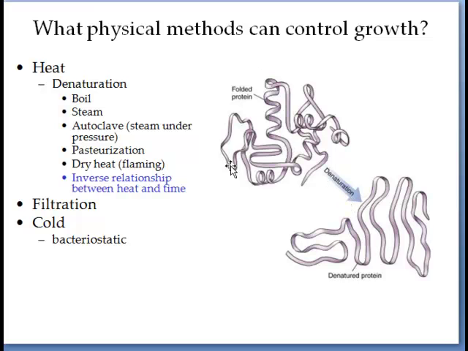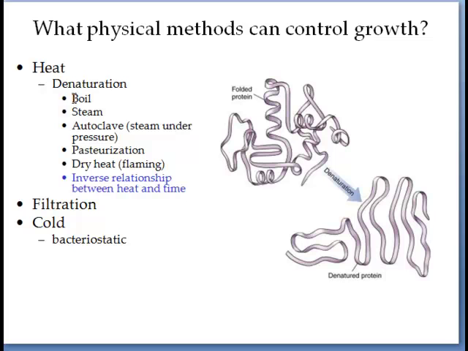So here is this protein in an active form, which is folded. When you heat it, the temperature causes certain hydrogen bonds, sulfur bonds, and covalent linkages to break, and you have this unorganized chain of amino acids, or polypeptide, and that's called denaturation.